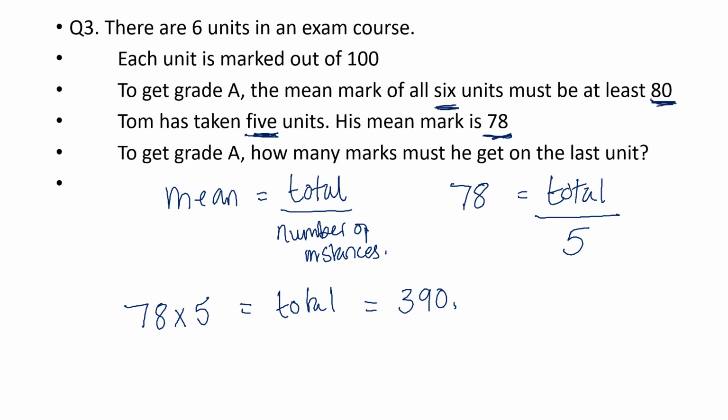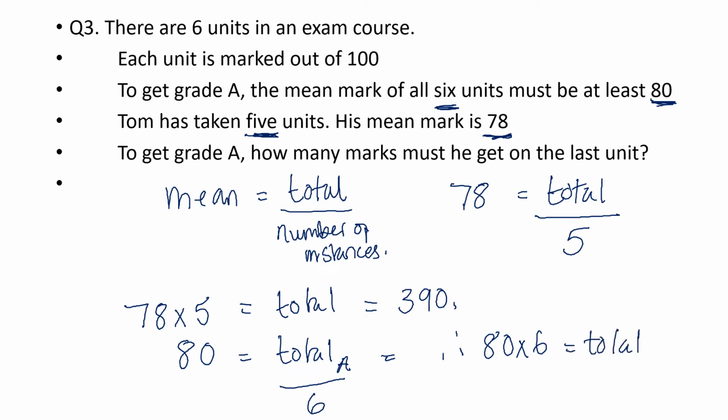So 80 is equal to the total for an A divided by 6. Therefore 80 times 6, because we're multiplying both sides by 6, is equal to the total, which is equal to 480.